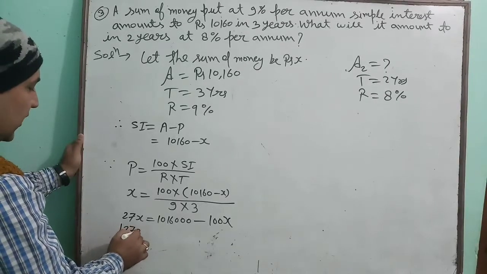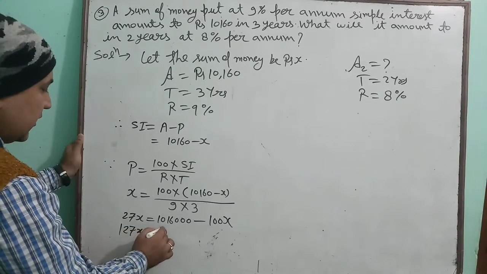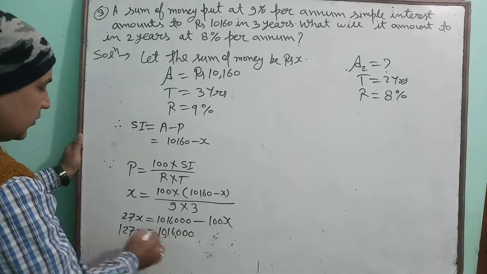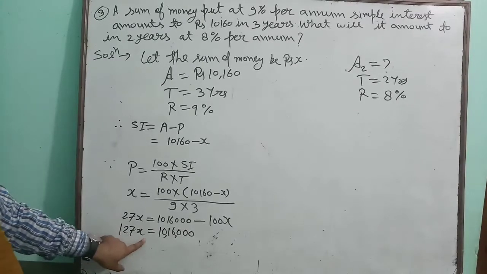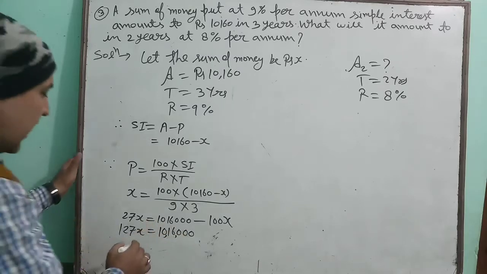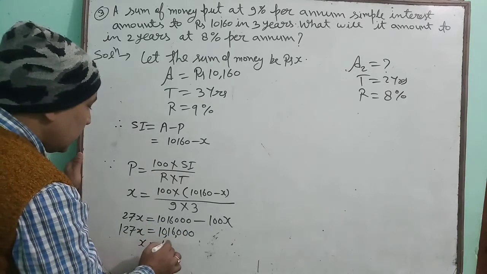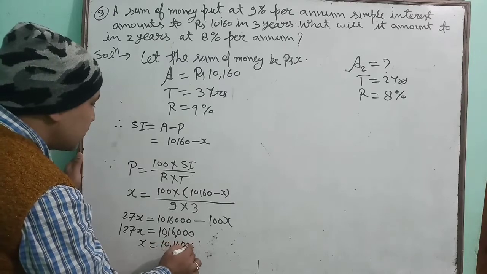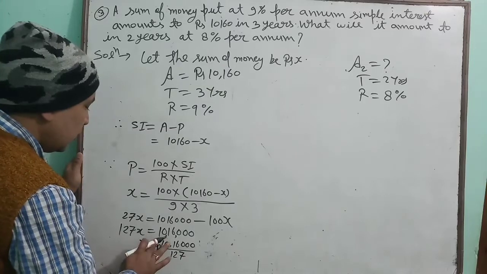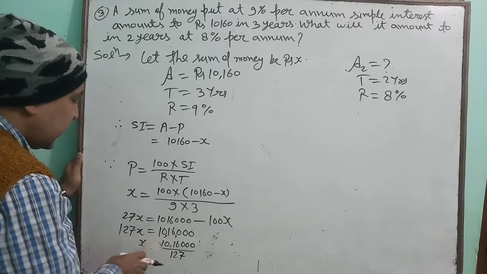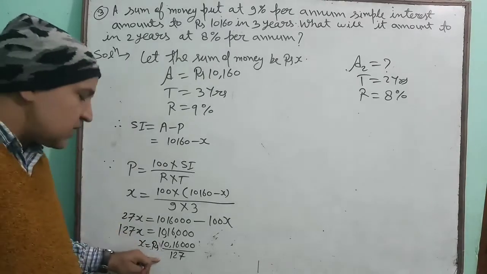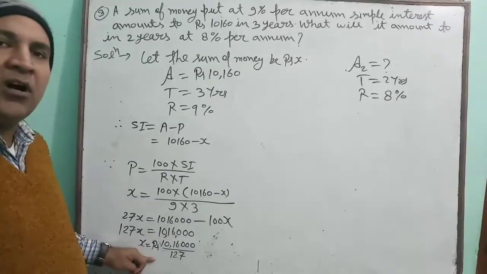It will become 127X is equal to, is this understood? 127X is equal to 10,16,000. Therefore, X is equal to 10,16,000 divided by 127. So this is the principal amount that we are getting. Okay, we can solve here and we can find the value of X.